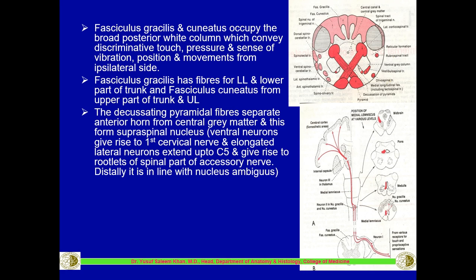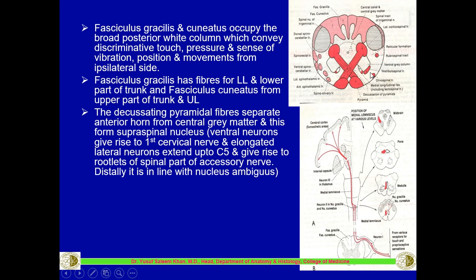The decussating pyramidal fibers separate the anterior horn from the central gray matter, and this forms the supraspinal nucleus, which will form the ventral neuron and give rise to the first cervical nerve from this part. So the first cervical nerve and the elongated lateral neuron extend up to C5 and give rise to the rootlets of the spinal part of the accessory nerve, and distally it is in line with the nucleus ambiguus.